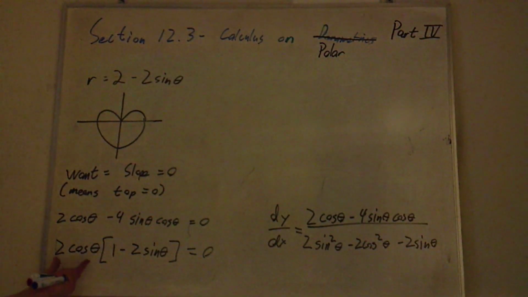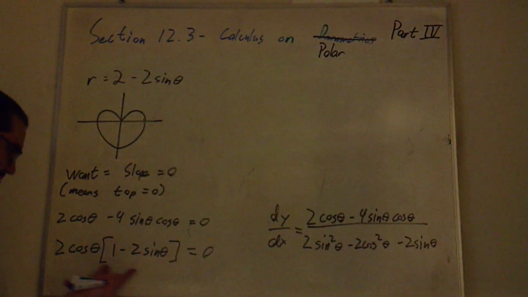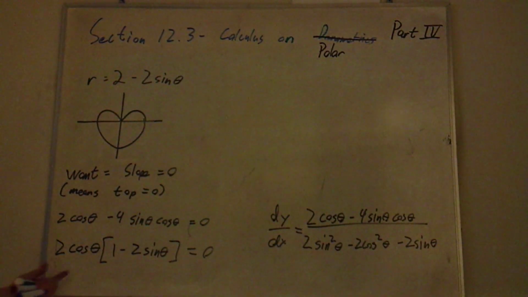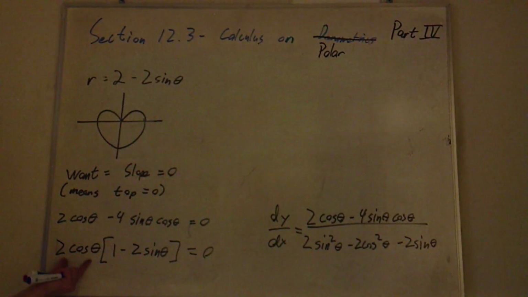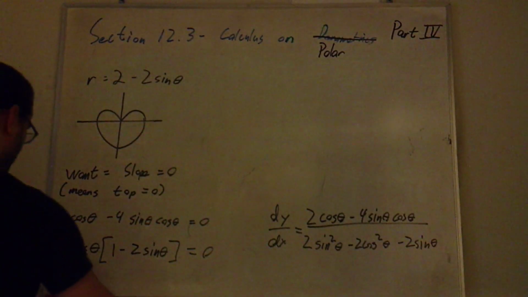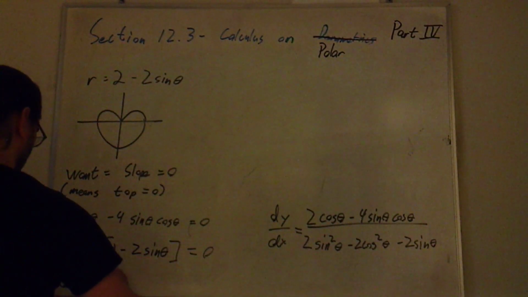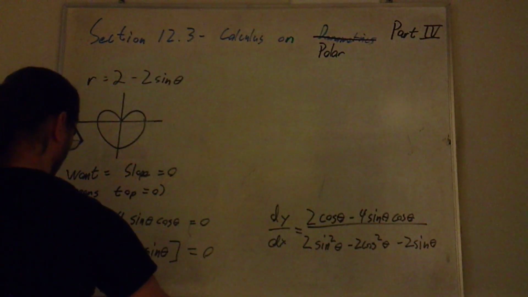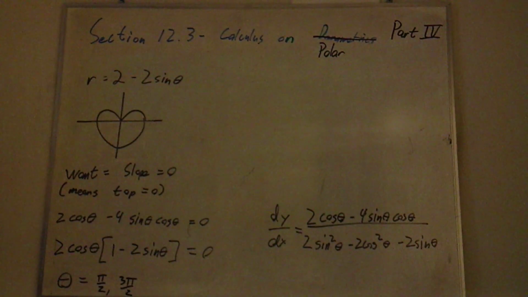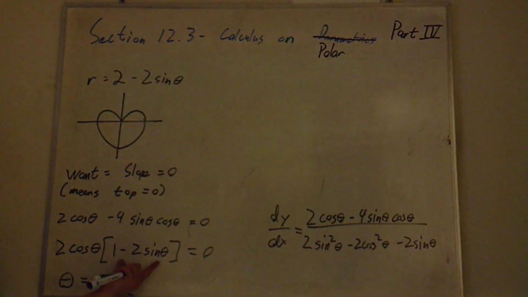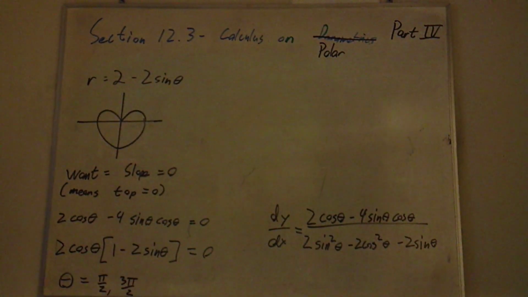So now I have the product of two different things equal to 0. And I just need to figure out what makes this 0. Things that make cosine 0 are pi over 2 and 3 pi over 2. I also need to find out what makes 1 minus 2 sine theta equal to 0.